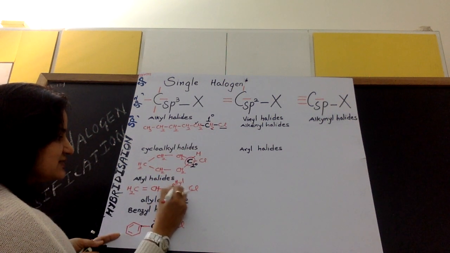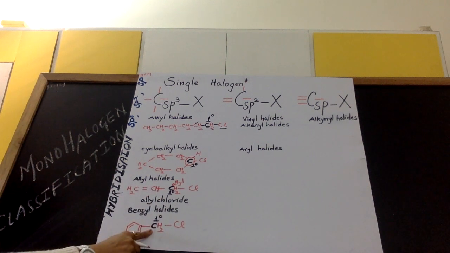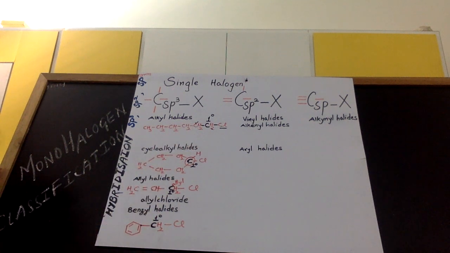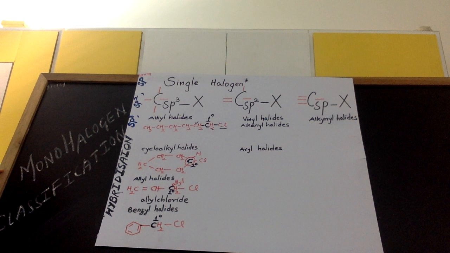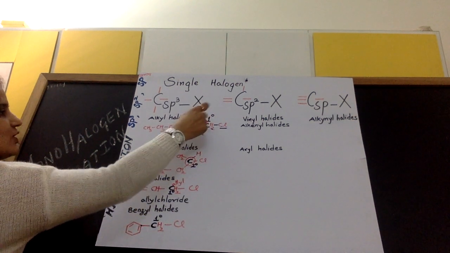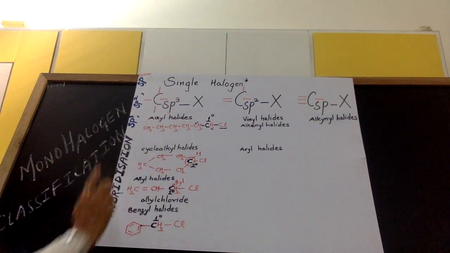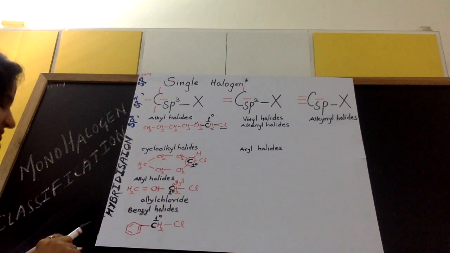This carbon is attached to only one other carbon, and this is also a primary carbon. Whether it is secondary or primary, that doesn't make any difference because classification is on the basis of hybridization. Since all of them have halogen on a carbon which has all single bonds, they belong to the category of CsP3X type. Okay, now we move to the next category.